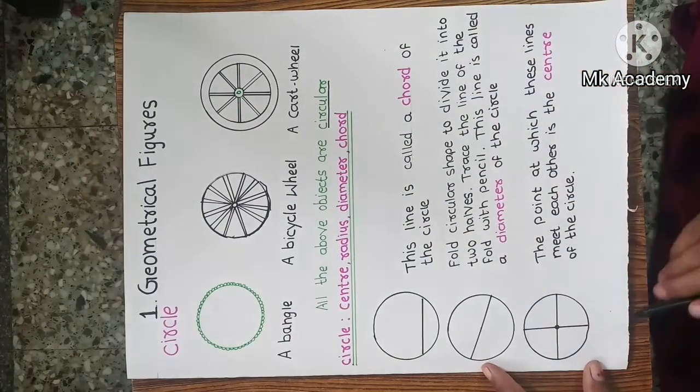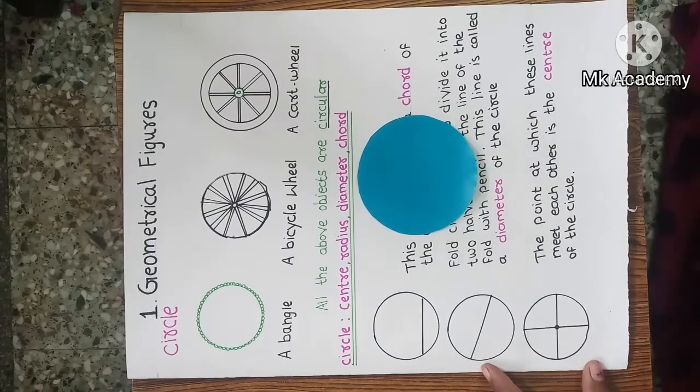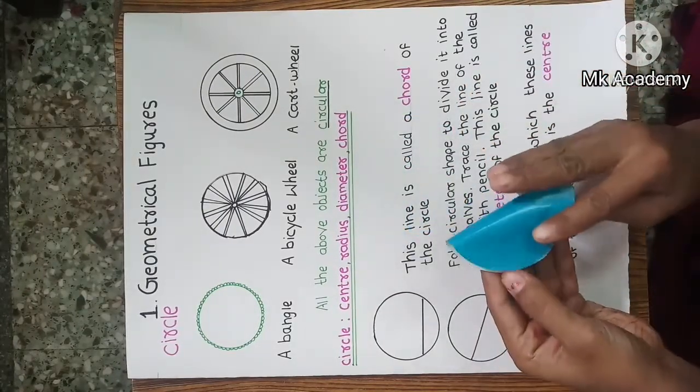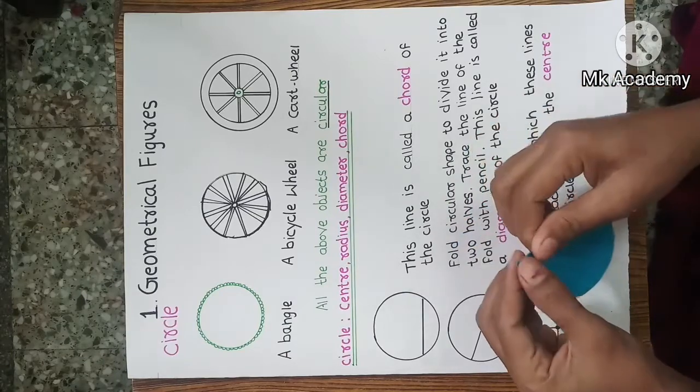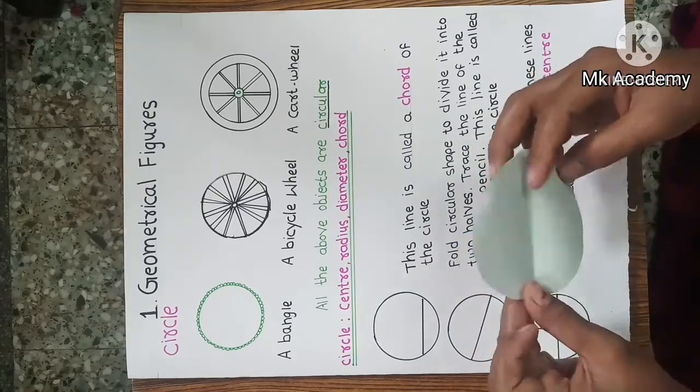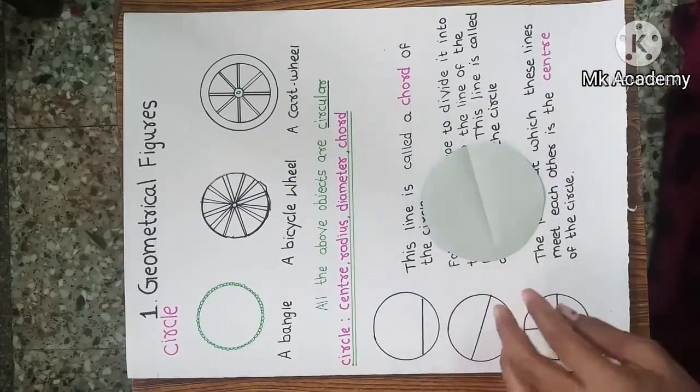Now see the second one. I take another circular shape and divide it into two equal halves, in this way. Two equal halves means two equal parts. Then I draw a line.